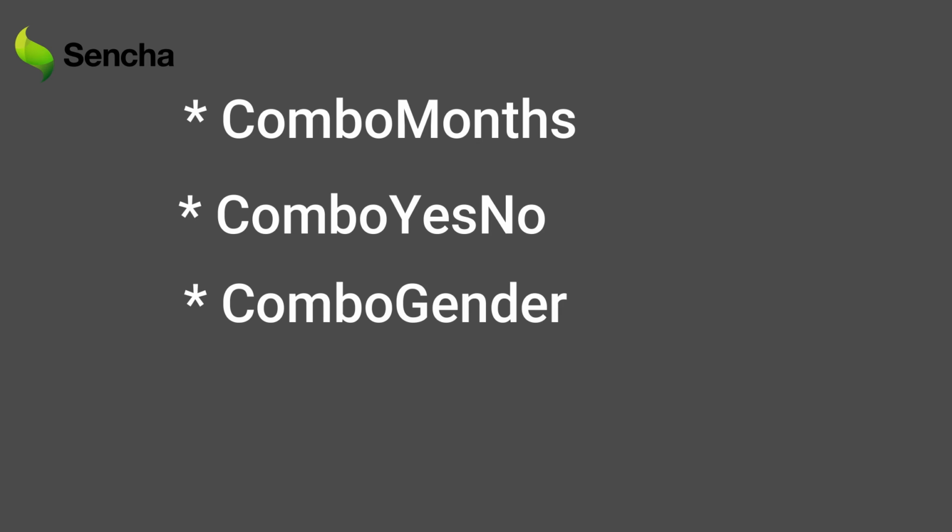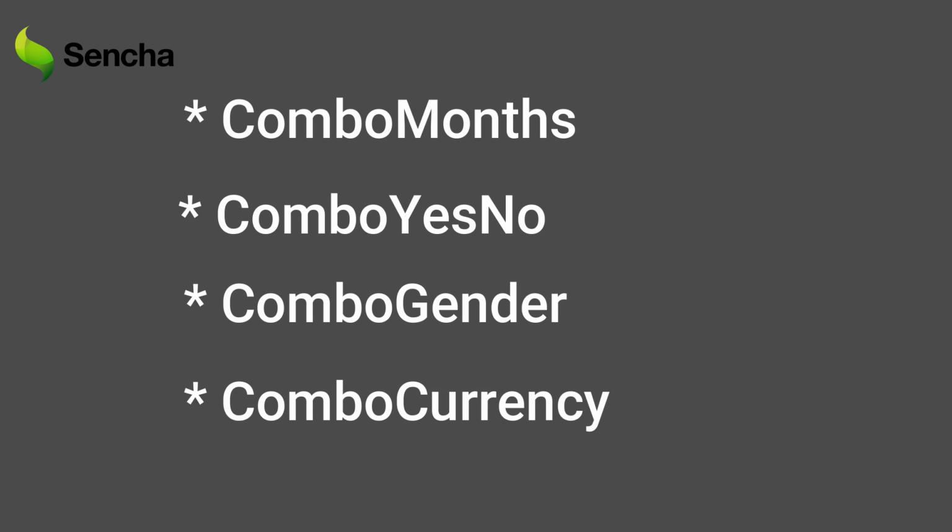Combo gender, male and female, which extends from combo yes, no. Combo currency defines a store with remote data and is populated with available currencies that can be selected by the user according to the specific configurations with which it is instantiated. It's a generic combo but with a high potential for reuse.